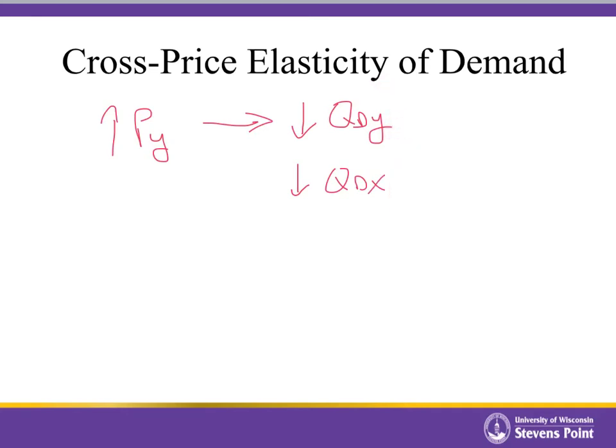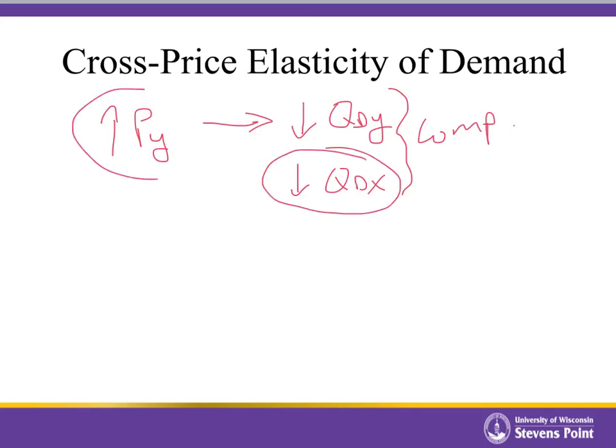We adjust our consumption the same. And so the consistency in the quantity demanded response tells us that we have complements rather than substitutes. When we measure the elasticity, though, we're looking at this change, the decrease in the quantity demanded of good X, divided by the increase in the price of good Y. And so we're going to get a negative measurement anytime we're talking about complement goods.